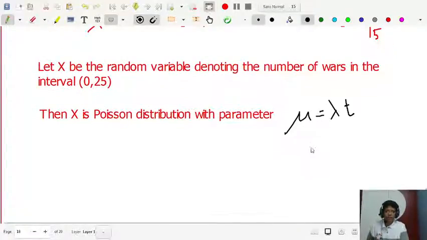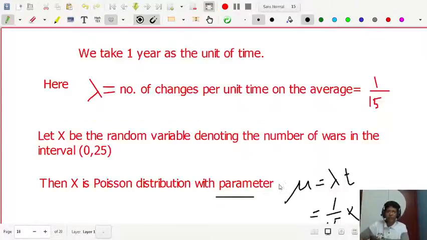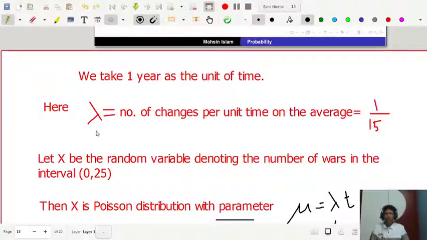And what is your lambda? Lambda is 1 by 15 and t is equal to 25. That will give you 5 by 3. This is the parameter mu of the Poisson distribution. This is how you will calculate. So first you have to take 1 year as the unit of time, and you have to define lambda, that is the number of changes. It can be anything. In this case it is war. It can be radioactive elements emerging from a particle per unit time.